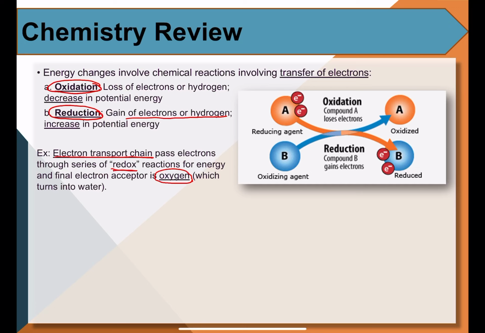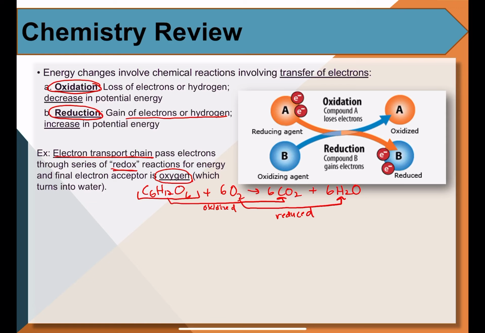Remember, the chemical reaction of cellular respiration, or the breakdown of glucose, is C6H12O6, which is glucose. With addition of 6 molecules of oxygen, you can get 6 molecules of CO2, carbon dioxide, and 6 molecules of water. Glucose here is doing the oxidation part, being oxidized into carbon dioxide, whereas your oxygen here is being reduced to water.